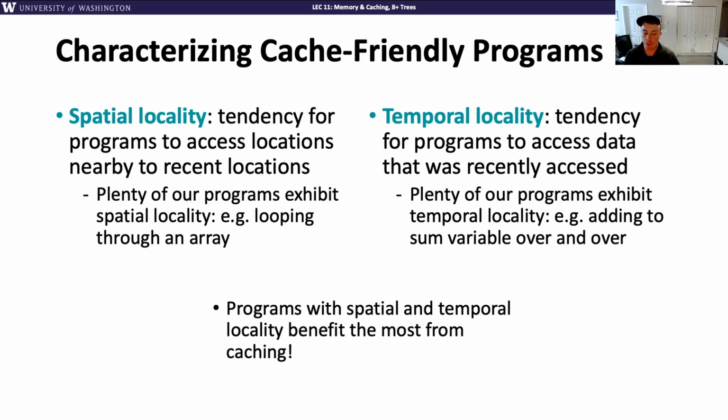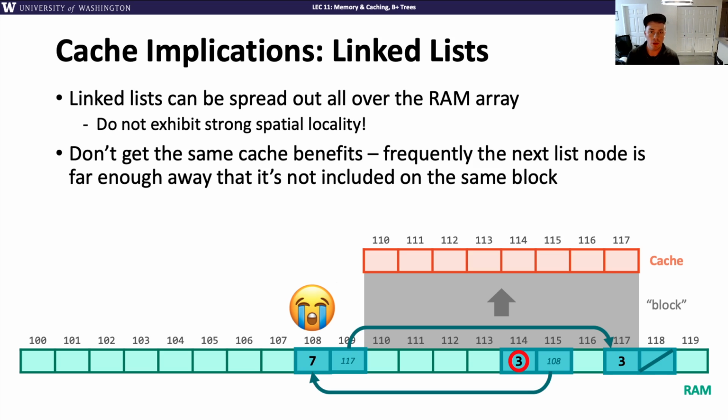Now, not all operations in this computer are spatially or temporally local. For example, think about how this memory model affects linked lists. Because the linked list nodes can be spread all over the RAM, they do not exhibit strong spatial locality.